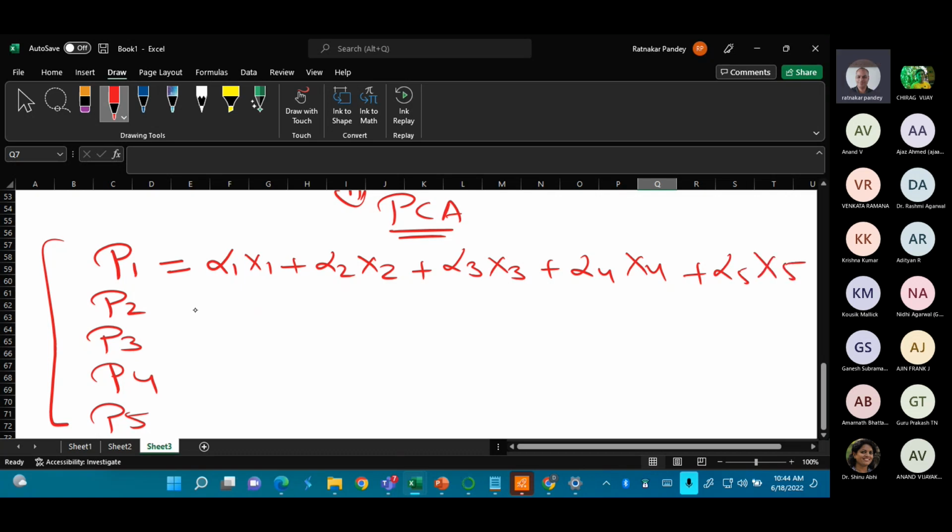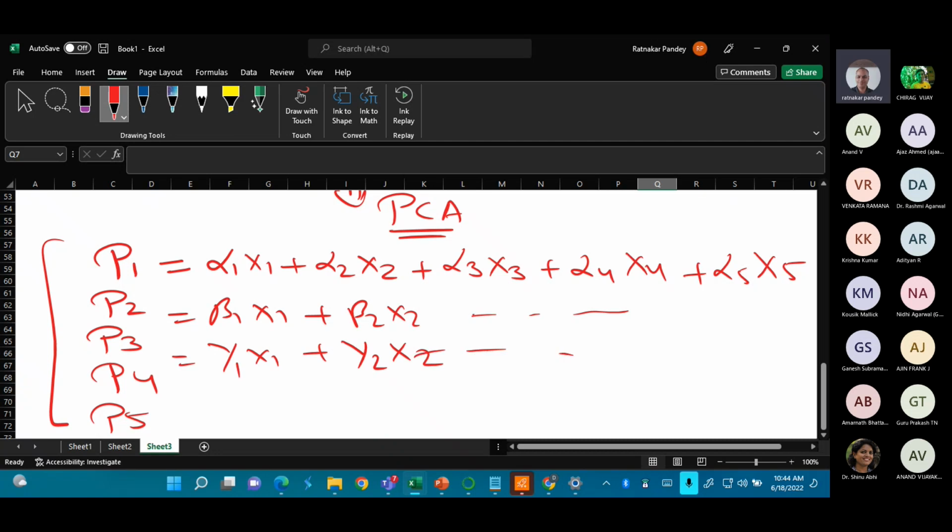What will be the P2, for example? It may be beta 1 x1, beta 2 x2, and so on. What could be the P3? Gamma 1 x1, gamma 2 x2, and so on and so forth, right? So that's the crux of the PCA. They form linear combinations of the original variables.